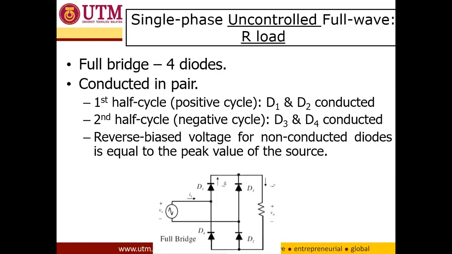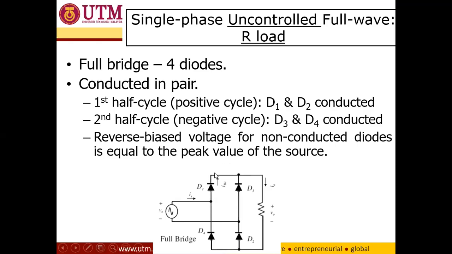We are going for the uncontrolled full wave, which is the first circuit, a full bridge. The figure below shows the circuit diagram using 4 diodes. As you can see, this is what we call the full bridge, and sometimes we call this an H bridge.